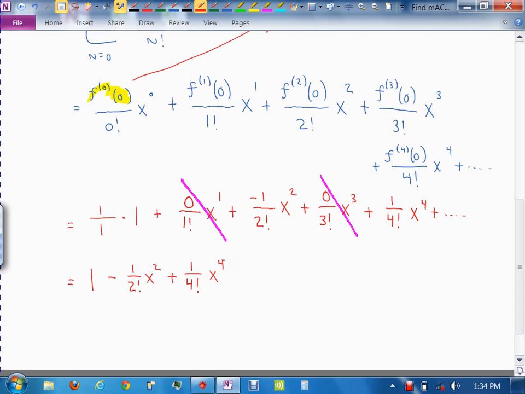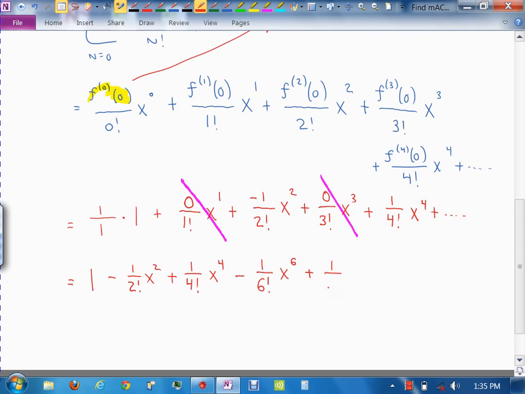Anyone guess what the next one would be? Minus, it'd be minus 1 over 6 factorial x to the sixth. What do you think next one would be?